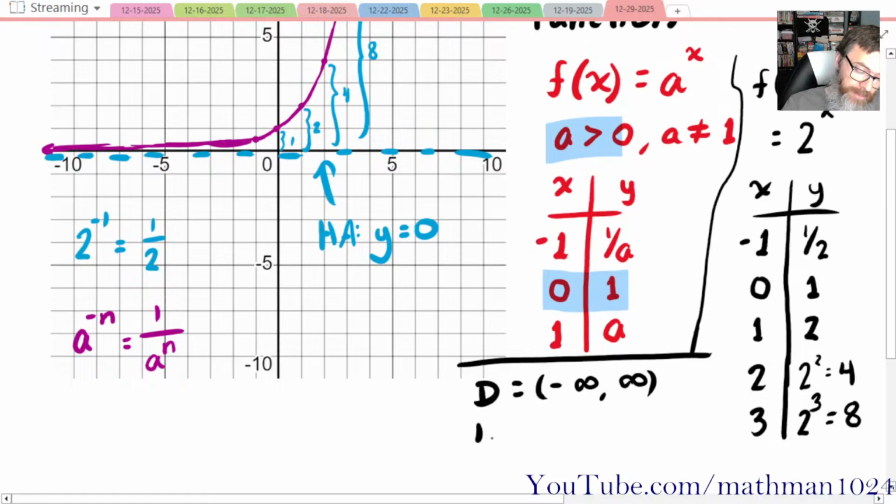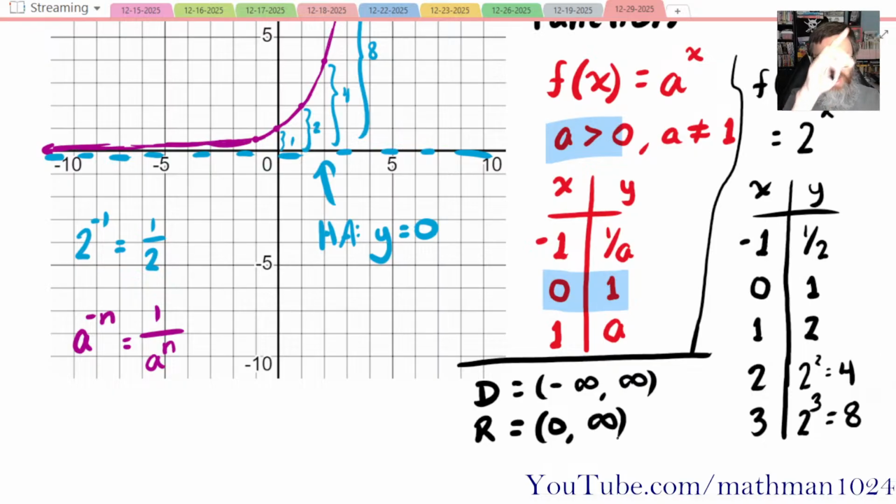My range is as you go from bottom to top, so we're going from 0 and we're going up to infinity. Now notice I've got parentheses on the 0. You've got that horizontal asymptote, so as I go to the left, I'm getting closer and closer and closer to it, but I don't ever get to equal that. Because think about it, we keep making those divisions.